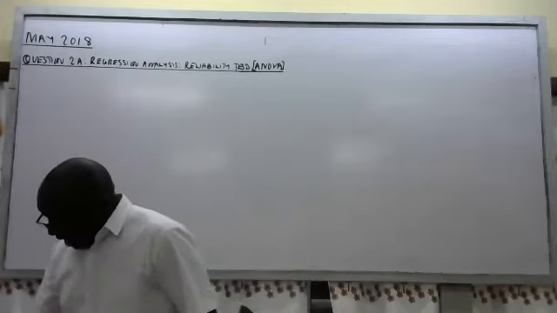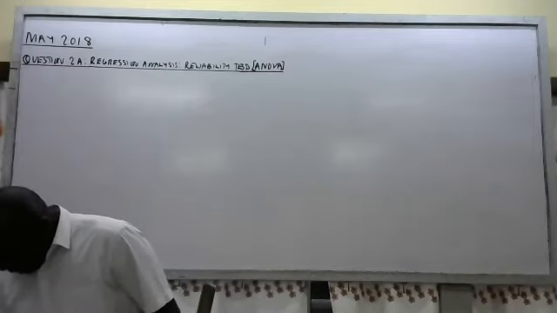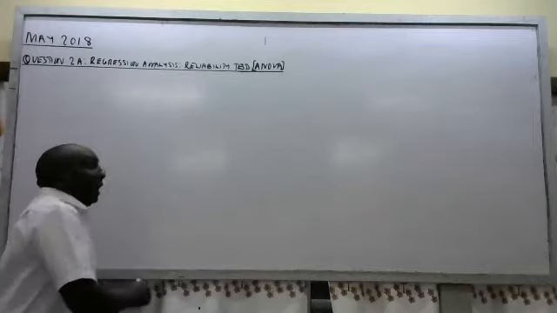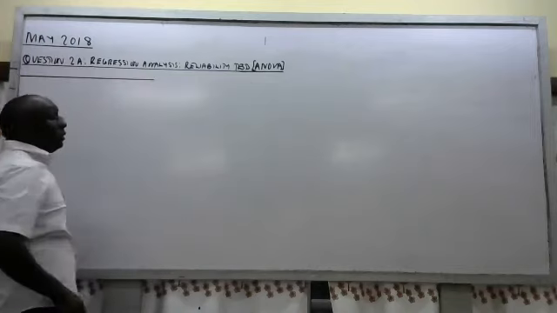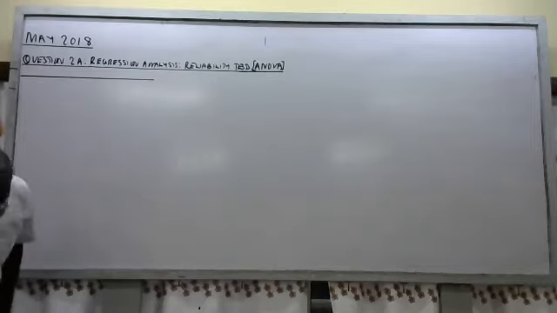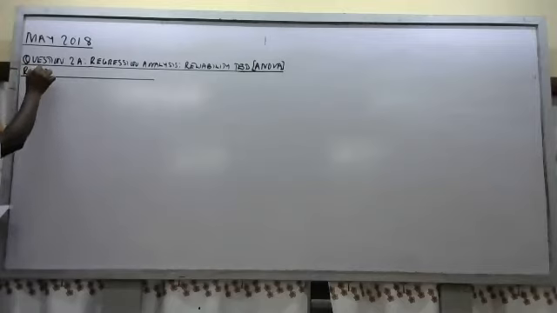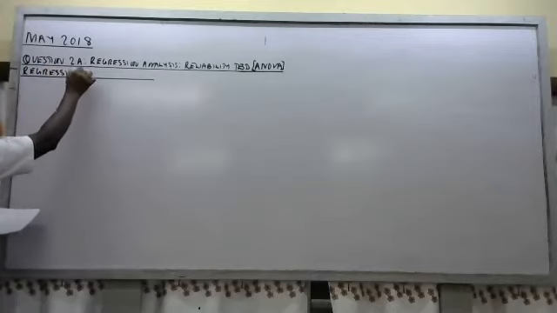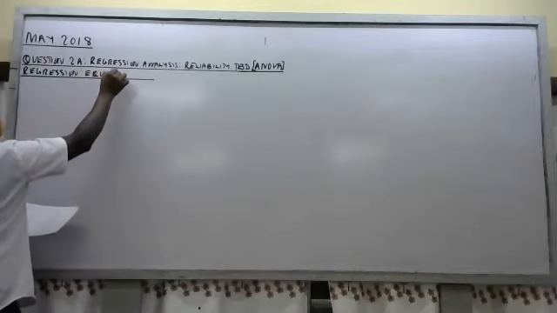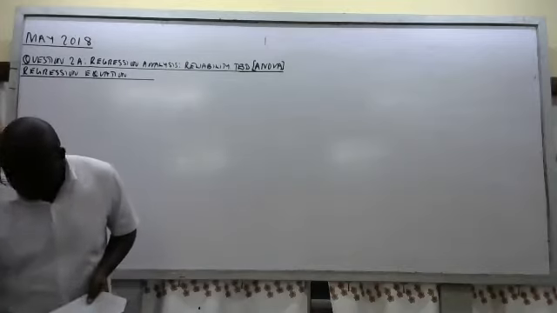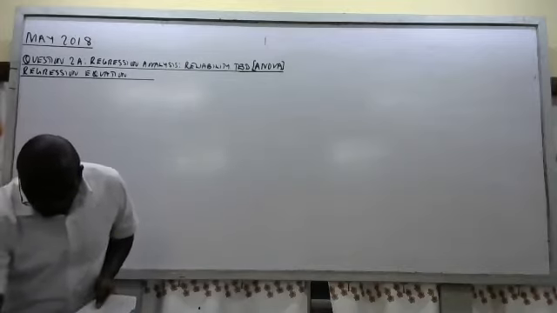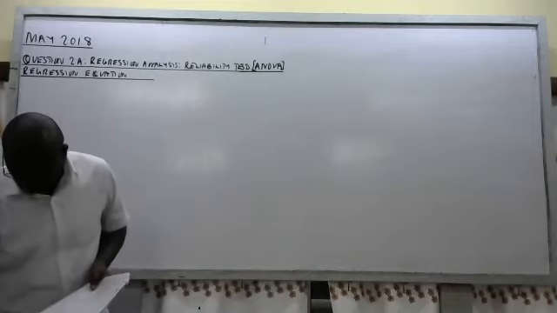So number one, we are told to do the regression equation, and we are told to round our answers to 2 decimals.